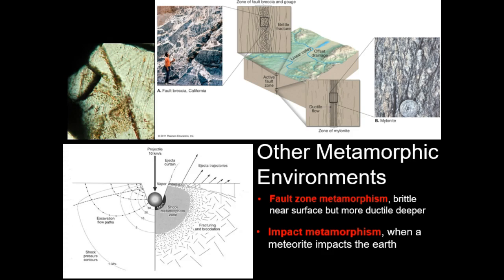Another type of metamorphism is called impact or shock metamorphism. This occurs when meteorites, which are fragments of comets or asteroids that have come into the atmosphere, strike the Earth's surface at high speeds.